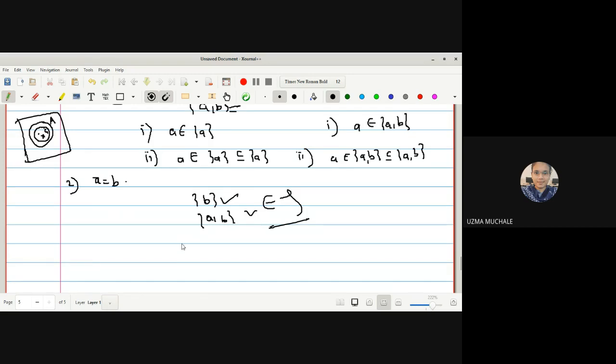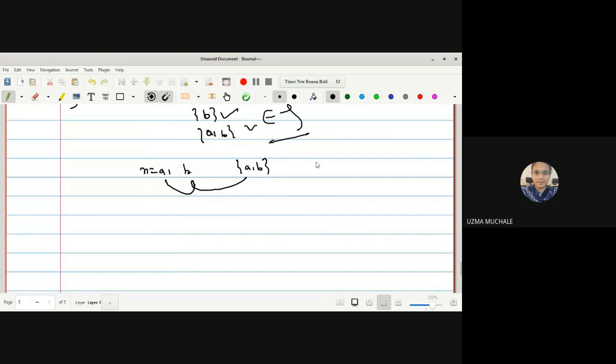Here you can see AB itself is a neighborhood of both of its points. For x equal to A and for x equal to B, we are getting AB as a neighborhood of A as well as a neighborhood of B. Why is this possible? Only because AB is a member of TOE, right?